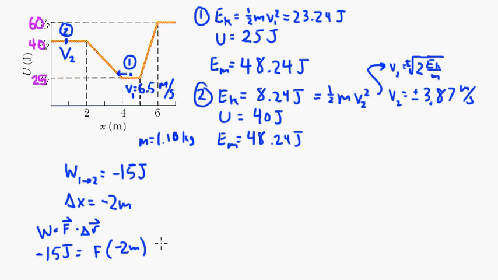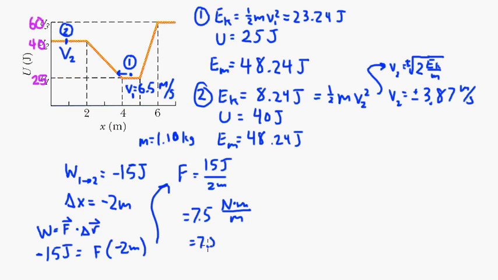So F equals, we can cancel out the negative signs, 15 joules over 2 meters, which is 7.5. A joule is a Newton meter, divided by a meter, so 7.5 newtons if we cancel the meters out.